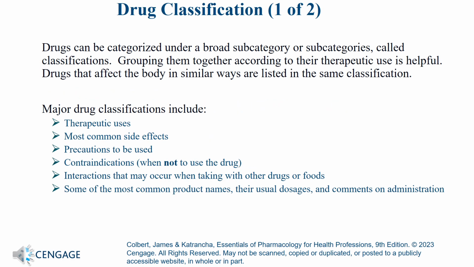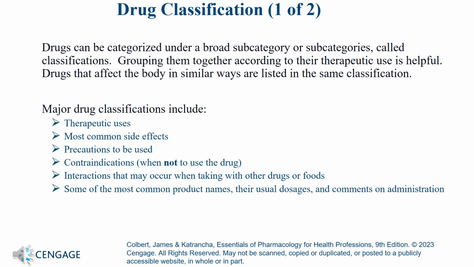Drugs can be categorized under a broad category of subcategories called classifications. Grouping them together according to a therapeutic use is helpful. Drugs that affect the body in similar ways are listed in the same classification.